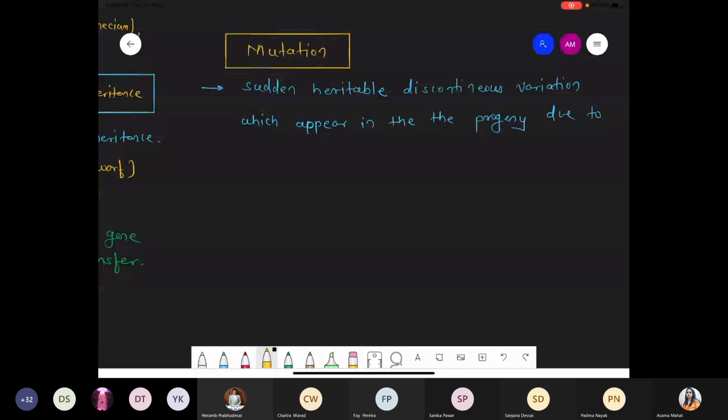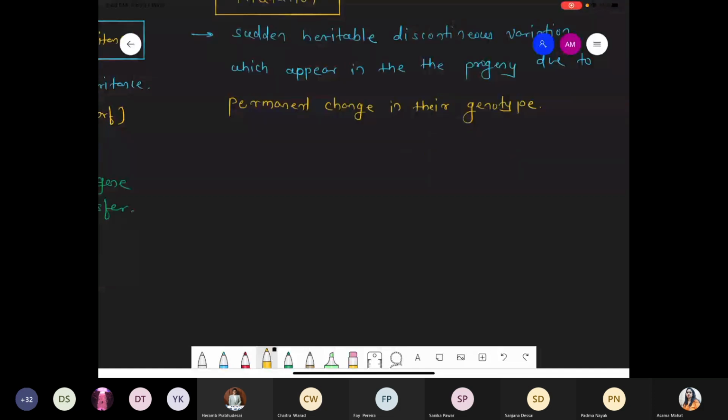Important one, that is a permanent change, due to permanent change in their genotype. So it is simple, you know very well. When you talk about any kind of DNA, let there be any DNA. Suppose there is a DNA, or you can say a segment of a gene.